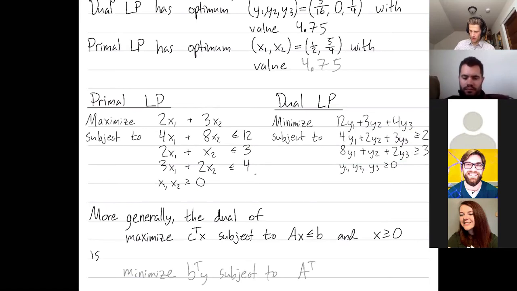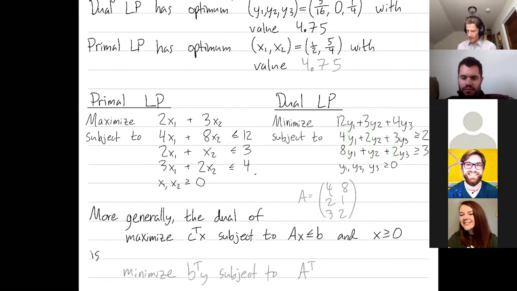Okay, so let me write down matrix A. Matrix A is 4, 8, 2, 1, 3, 2, coming from these coefficients. And then when I transpose it along the columns, I get 4, 8, 2, 1, 3, 2.